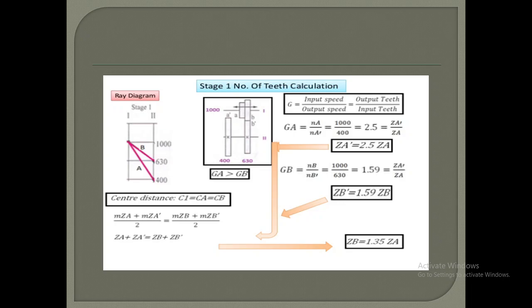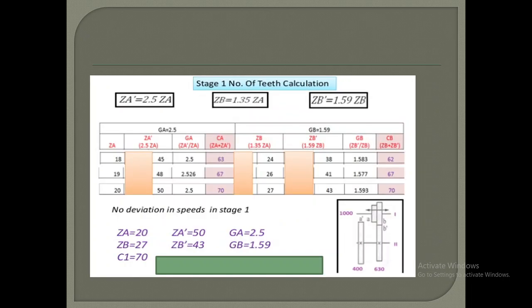All of you getting how to get this equation? Once you get that equation, then you have to calculate the number of teeth in the first stage of the gear.